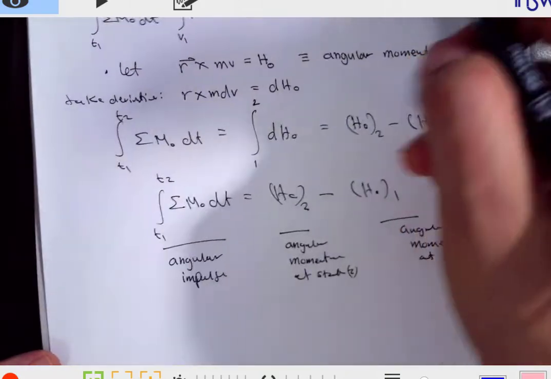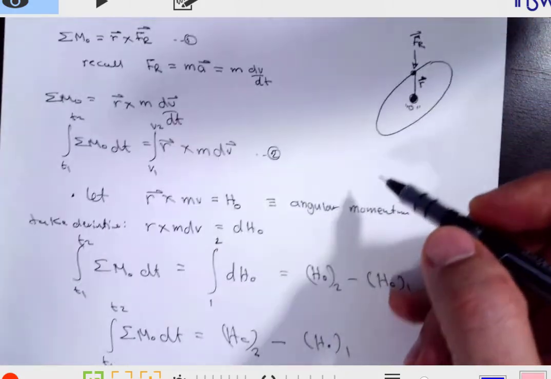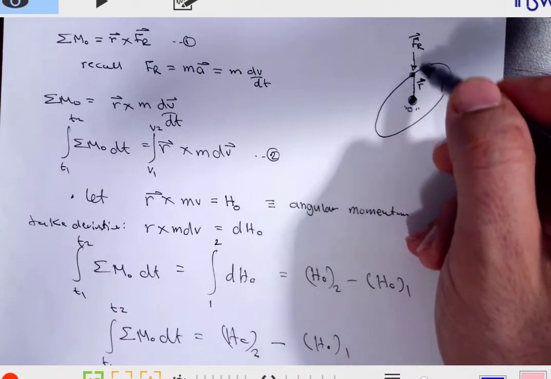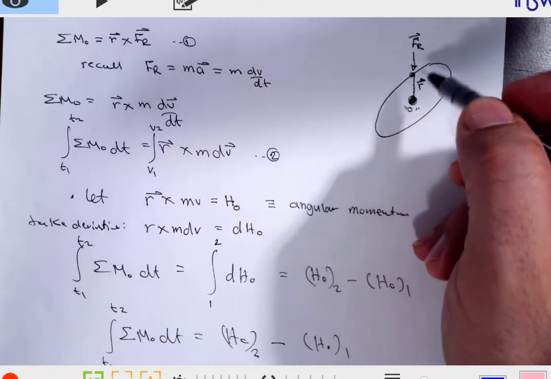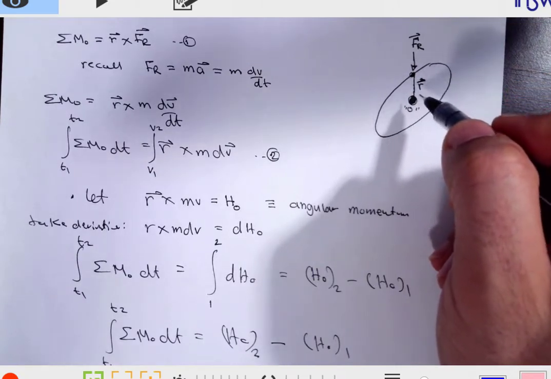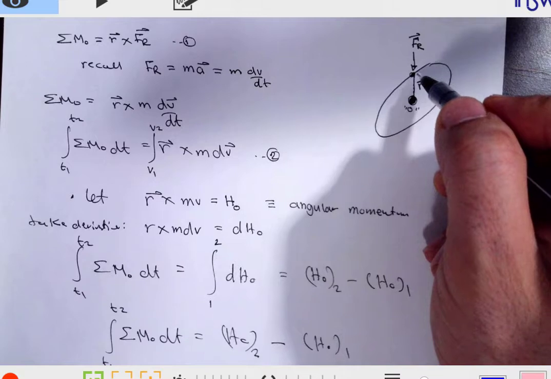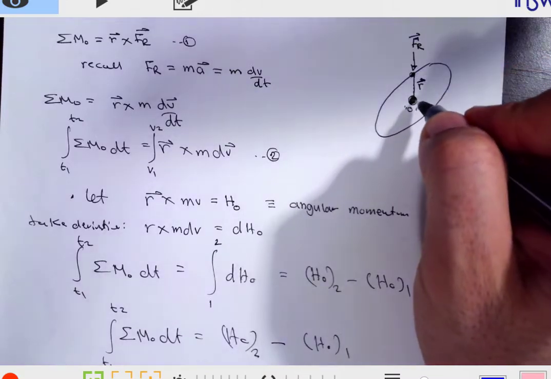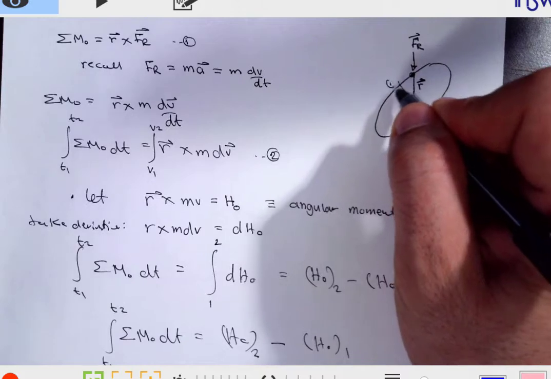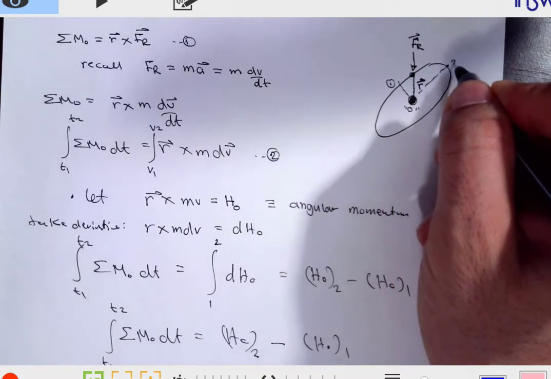Now, let's take a look at this problem over here. So, what moments are acting on this object? Well, the moment is the moment of the force, or you have a free couple. There's no free couple as it's going, for example, from state 1 to state 2.